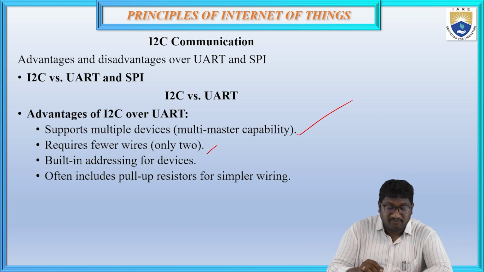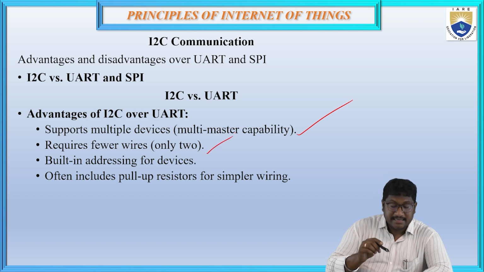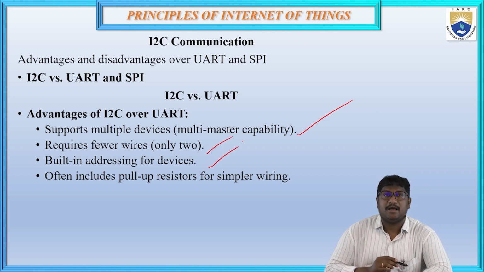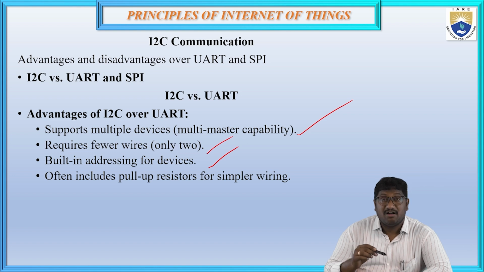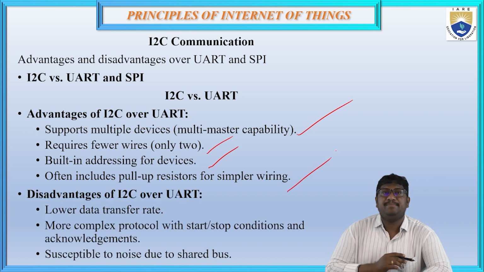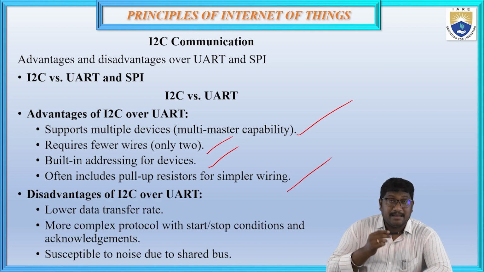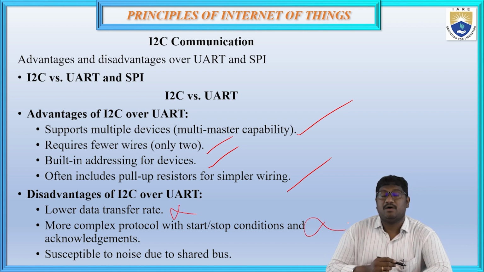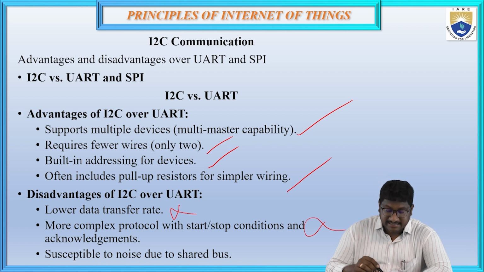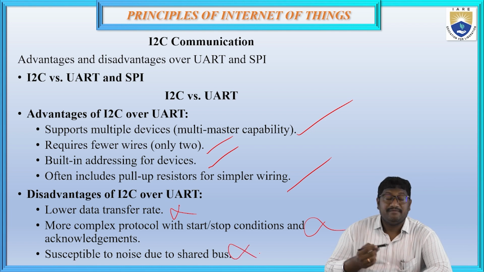It requires fewer wires, only 2 wires are good enough. It has built-in addressing, and it often uses pull-up resistors with simple wiring. Coming to disadvantages, it has a low data transfer rate and is a more complex protocol with start and stop conditions, and it is susceptible to noise when using a shared bus. These are the disadvantages compared to UART.